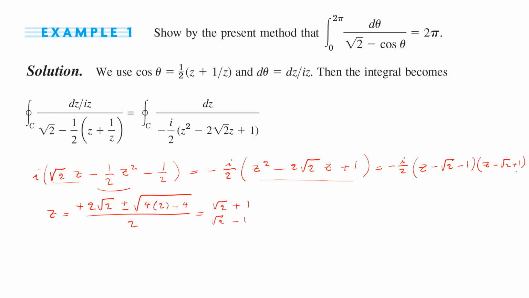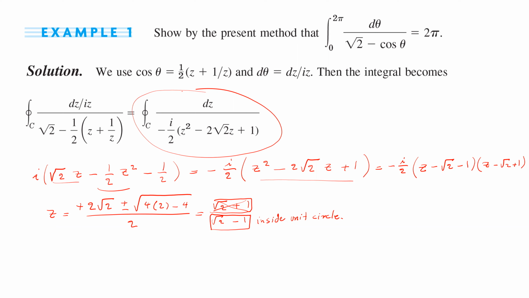Okay? And which one of these is in the unit circle? The square root of 2 plus 1 is not in the unit circle. This one is inside the unit circle. So if this is inside the unit circle, we need to calculate the residue at this point.